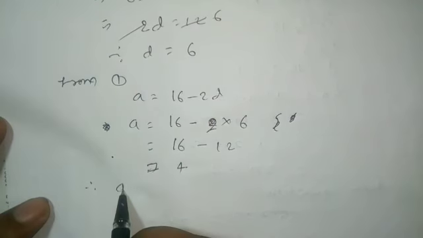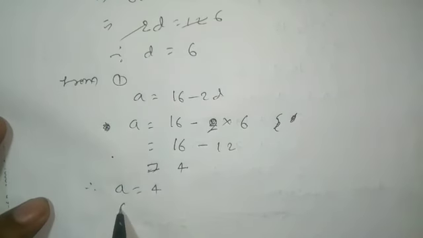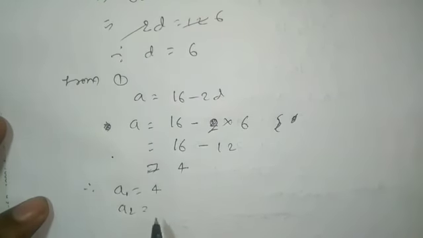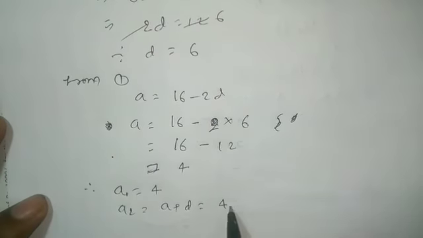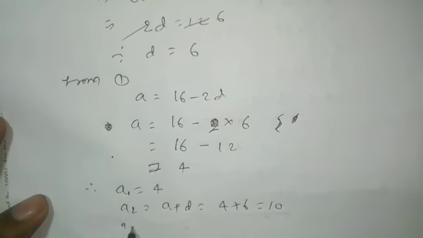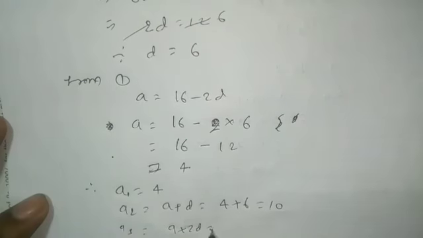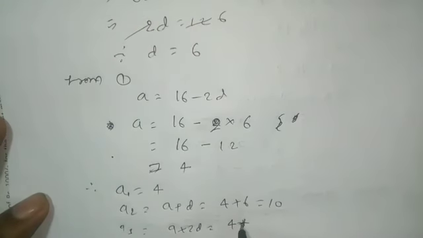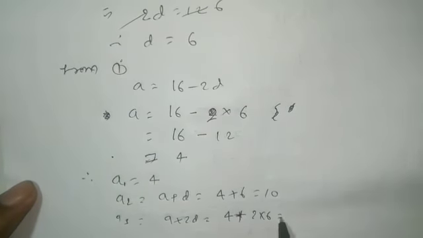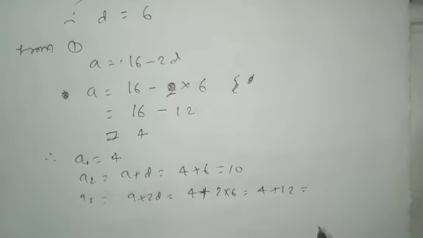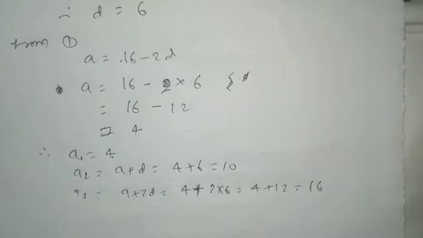Therefore A is equal to 4, A1 is equal to 4, A2 is equal to A plus D is equal to 4 plus 6 is equal to 10, A3 is equal to A plus 2D is equal to 4 plus 2 into 6 is equal to 4 plus 12 is equal to 16.